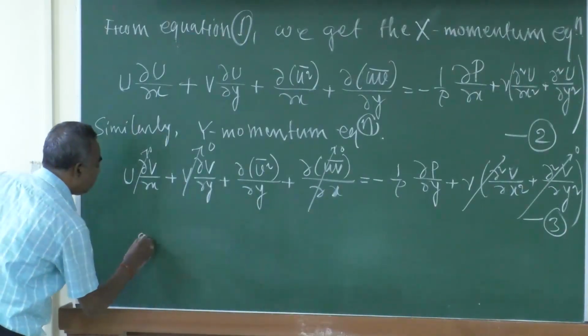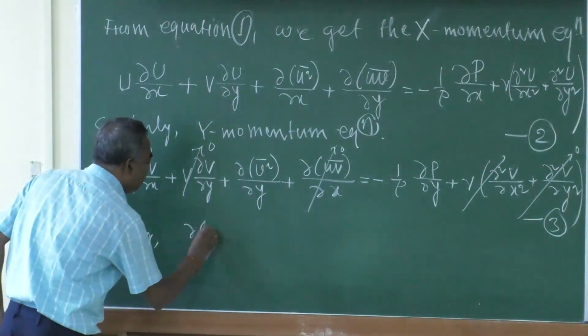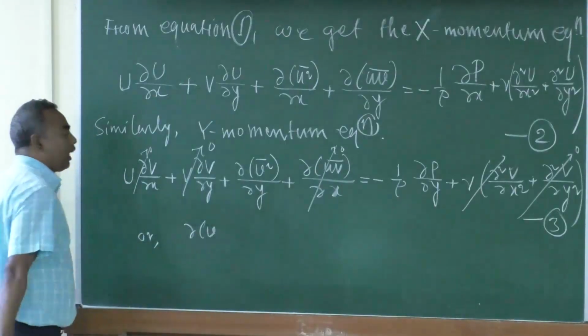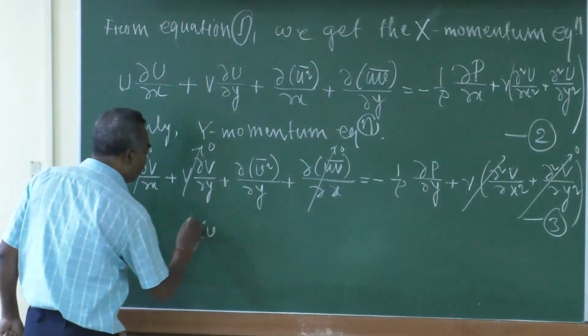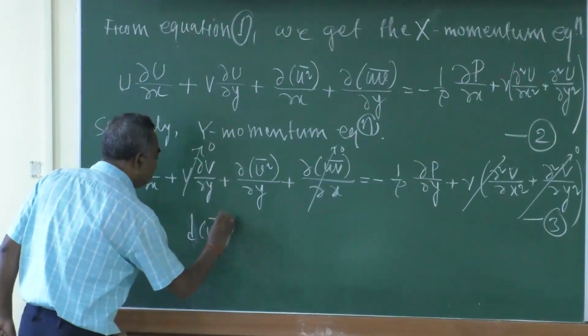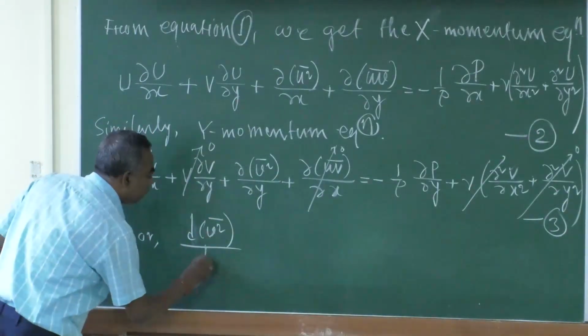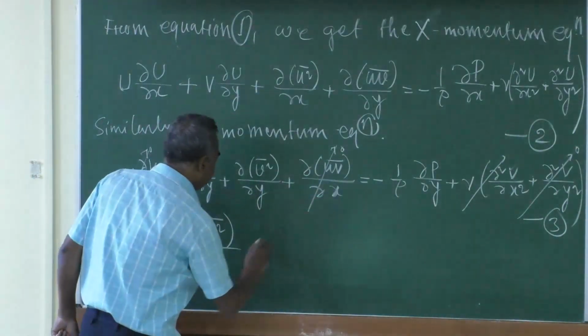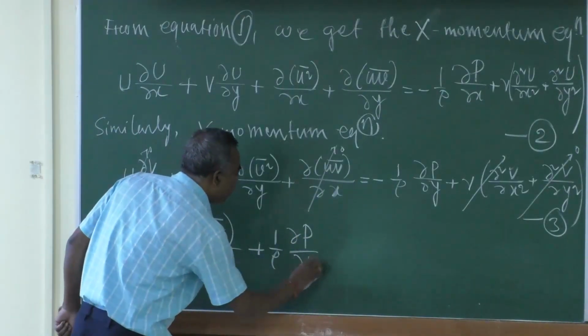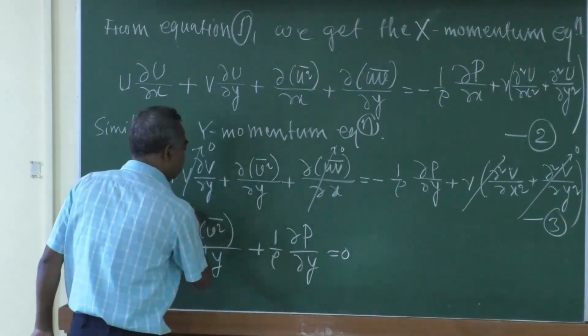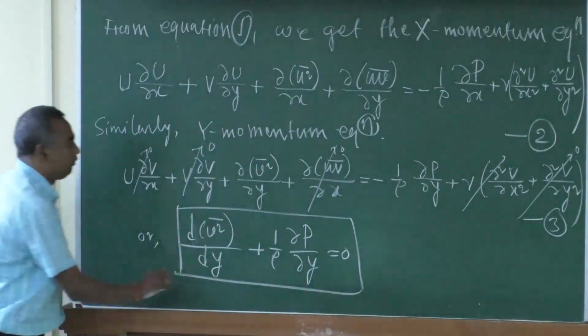That means from this equation, what do we get? We get that, if v square is not a function of x, okay, if this statistics is not a function of x, we can put this as total derivative, right. So, this plus 1 by rho dp dy is equal to 0, right.